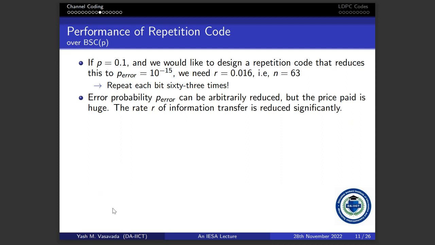Take an example that suppose my data is suffering from 10% errors, and I would like to design this repetition code that reduces the effective error rate to 10 to the power minus 15. I will need to repeat each bit 63 times, 1 over R, 1 over 0.016, which is roughly 63. So that is the price I pay.